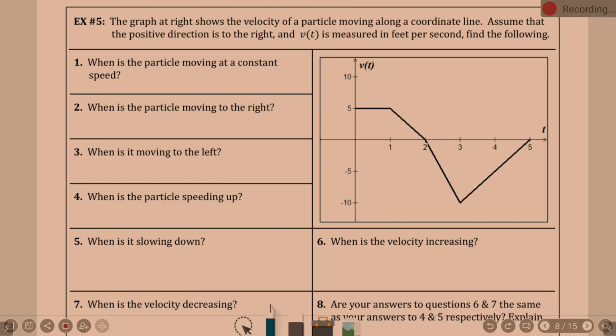The graph at the right shows the velocity of a particle moving along a coordinate line. Assume the positive direction is to the right, and v of t is measured in feet per second. Find the following. So pointing out here that this is a velocity time graph.